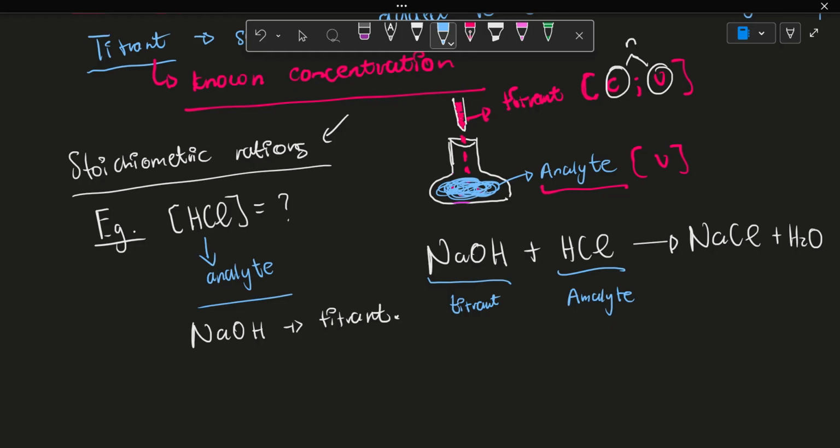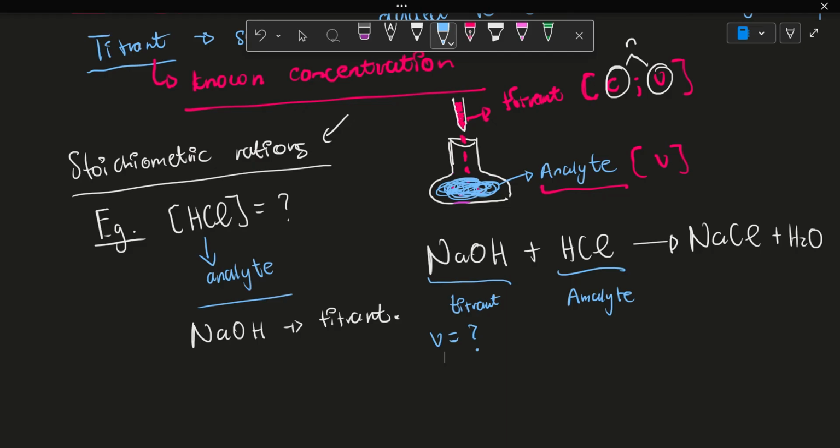And at the equivalence point, what do we know? When we reach the equivalence point, we measure the volume of sodium hydroxide added, the volume of the titrant added to the analyte in order to reach the endpoint. Remember, the endpoint is a point where the amount of sodium hydroxide added is equal to the amount of hydrochloric acid that is in the flask.